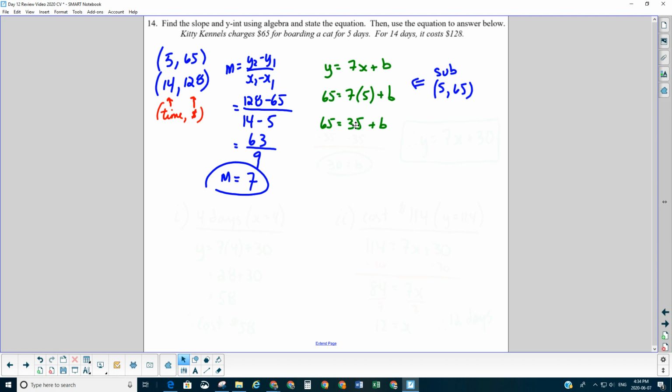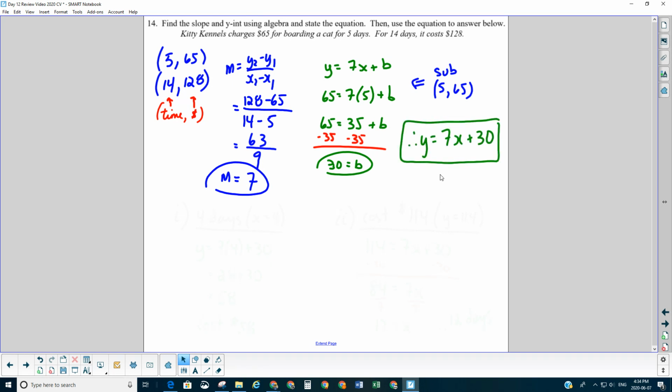Subtract 35 from both sides because we need b by itself. And 65 minus 35 is, of course, 30. So it turns out there's this flat rate of $30. And then after that, it is $7 per day, which means our equation is y equals 7x plus 30.